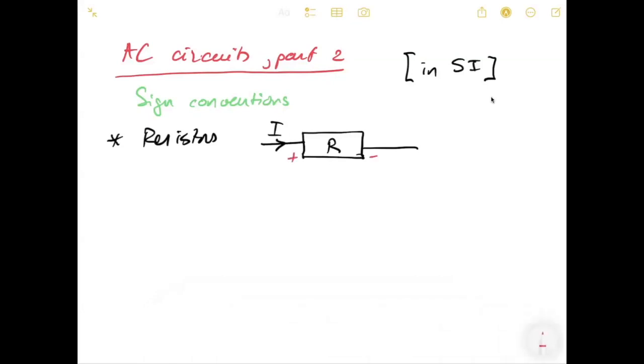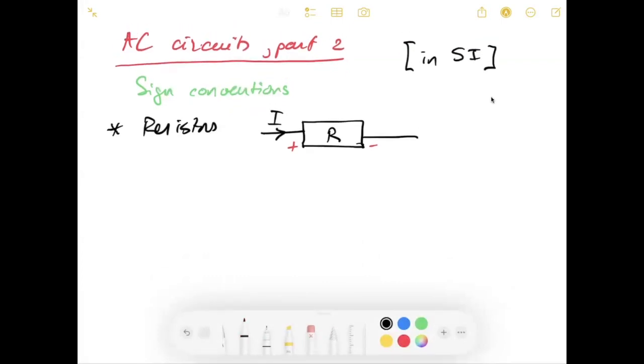So the potential on the left-hand side is higher than the potential on the right-hand side. So when we write Ohm's law, we assume that the potential drops in the direction of the current.